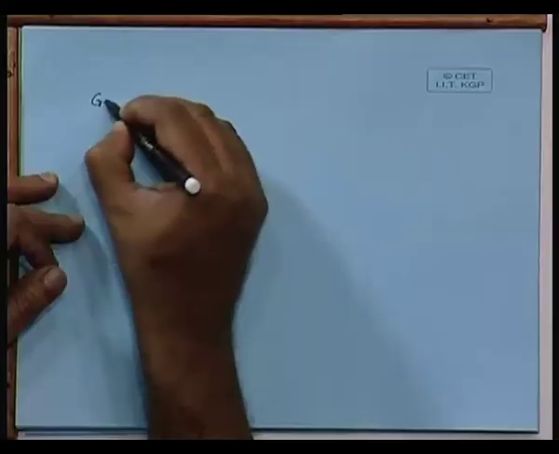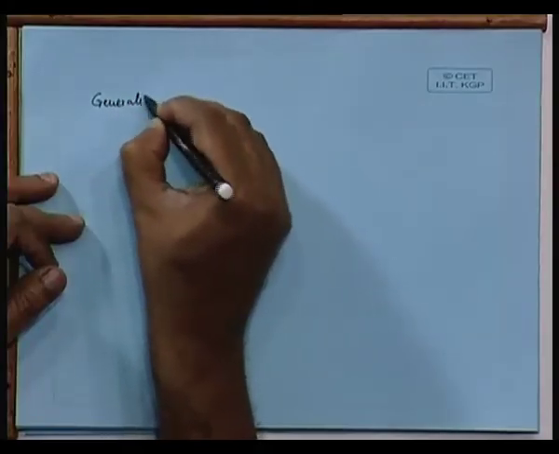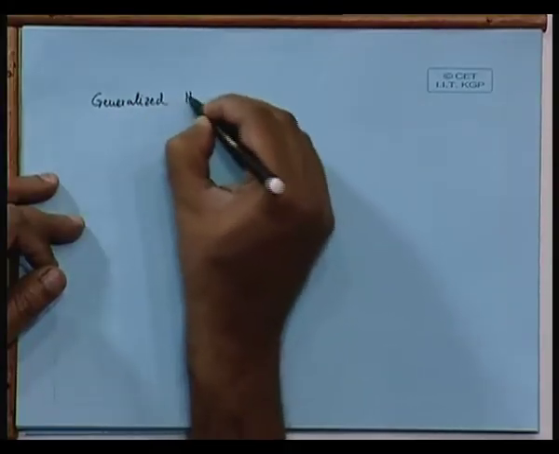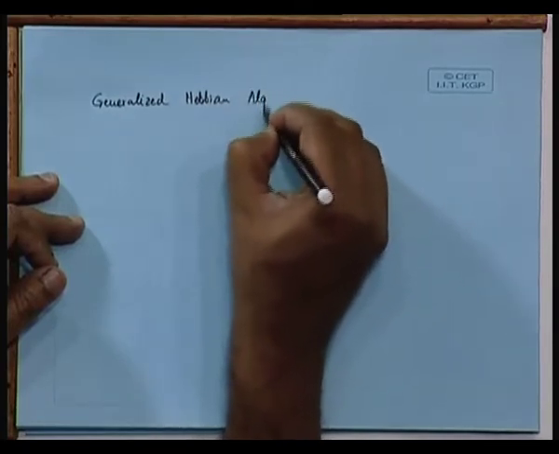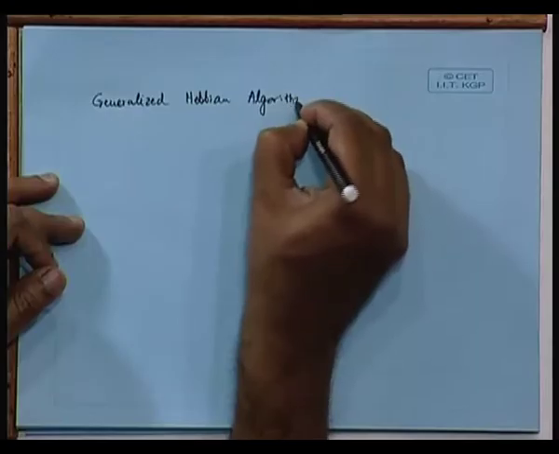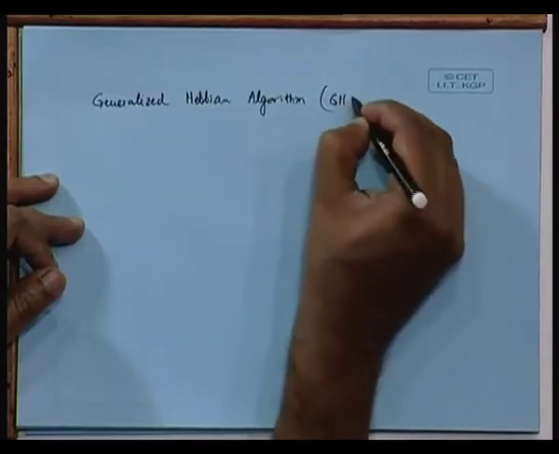We are not going into the detailed analysis of it, but I am just presenting the result of the generalized form of Hebbian learning. In the short form, it is written as GHA.